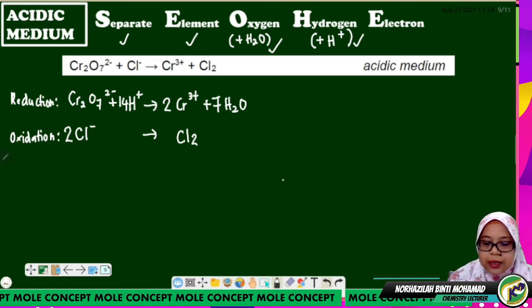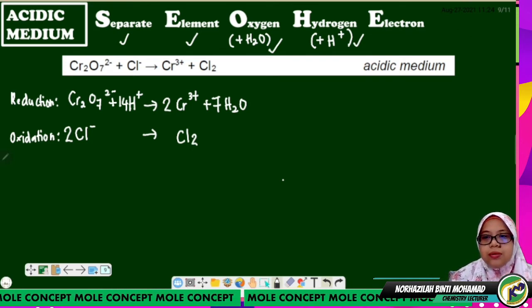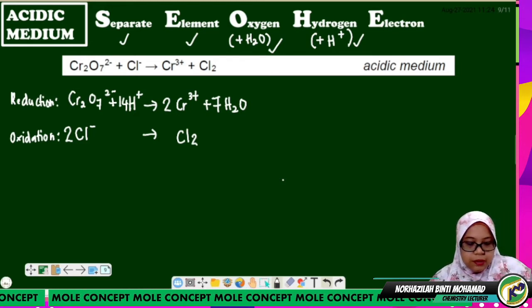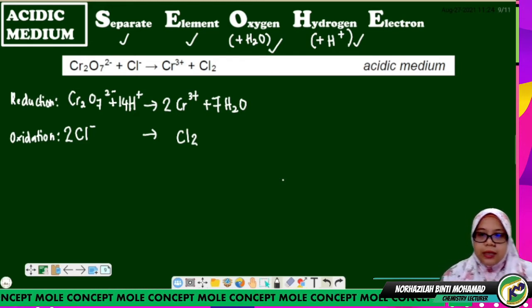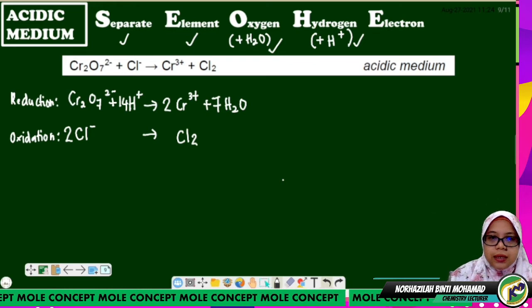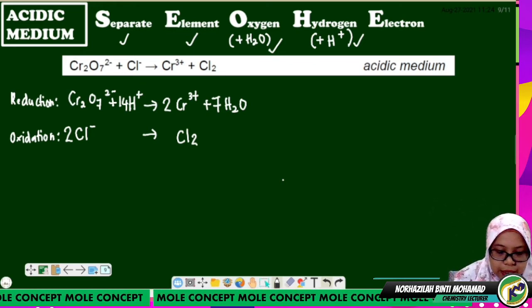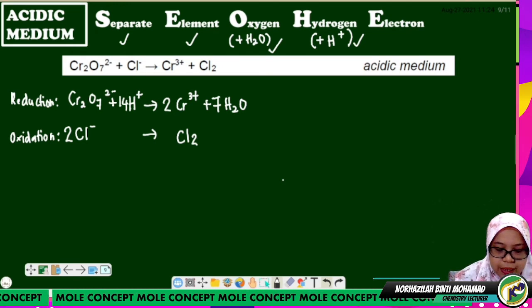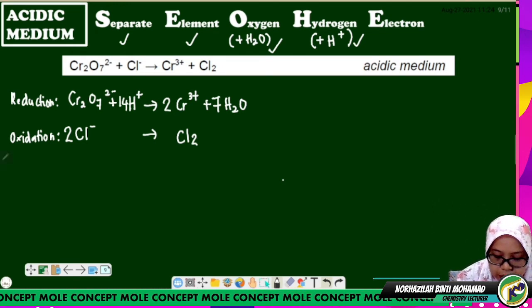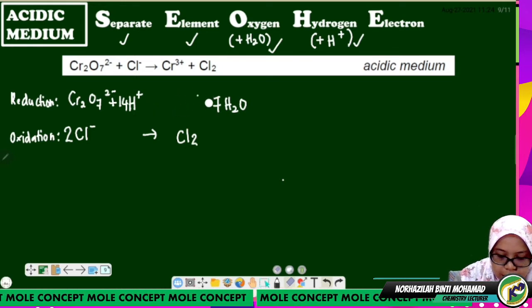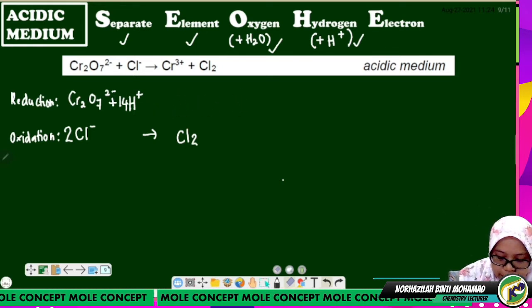Okay, and then the electrons, so the number of electrons. For the reduction, we know that in the reduction reaction, the reactant will gain electrons. So that means the electrons are on the left side, so I need to adjust this equation.